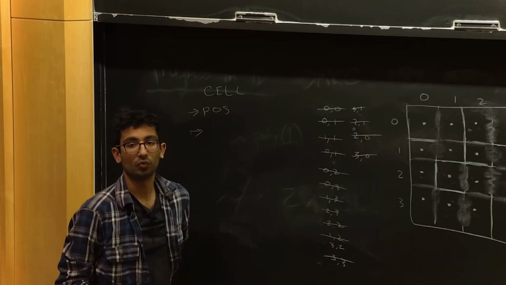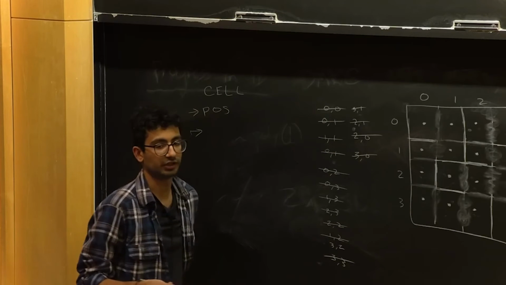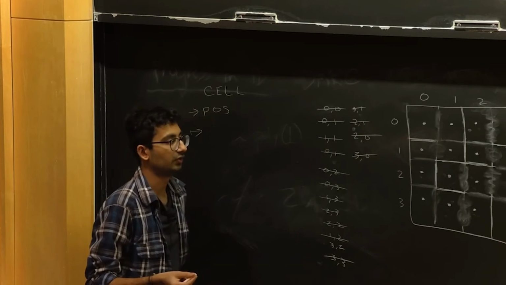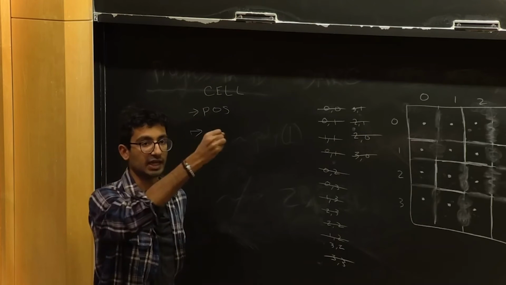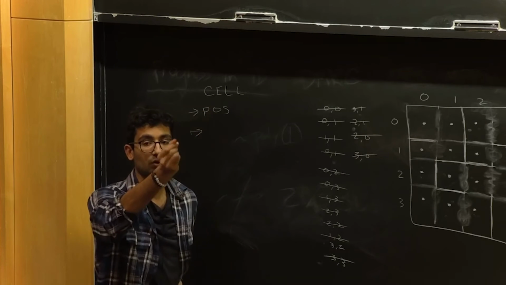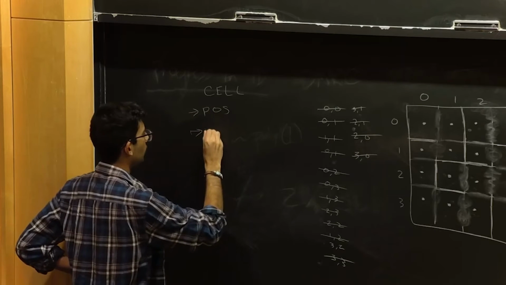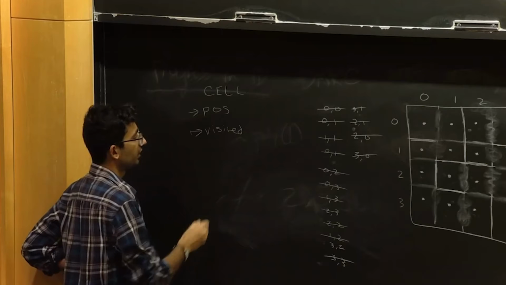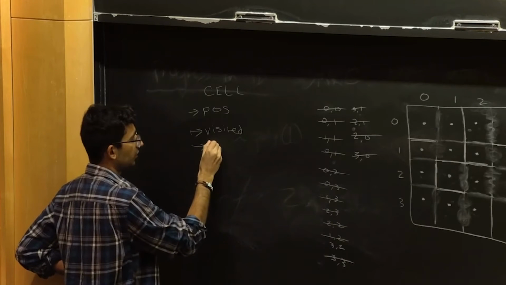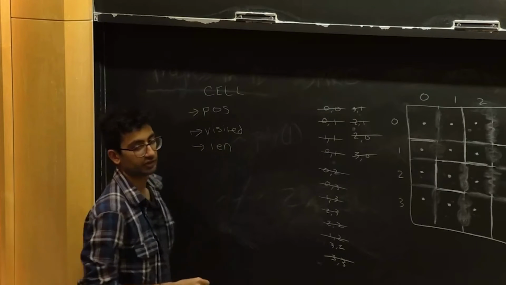Namely, we want to know whether or not we've already visited a particular cell, right? That's really important in order for us to know if another cell needs to break down a wall and move to it. And so we need to tell whether or not a cell has been visited. A cell also needs a particular length for a side.